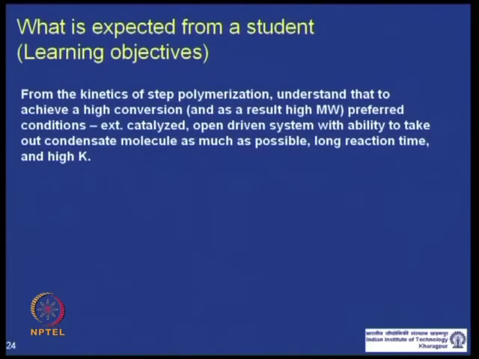From the kinetics of step polymerization, you should understand that to achieve high conversion, and as a result high molecular weight, what are the preferred conditions? It should be externally catalyzed, it should be an open-driven system where your system has the ability to take out the small molecular byproduct as much as possible, and you must continue the reaction for a long time because the kinetics is slower.